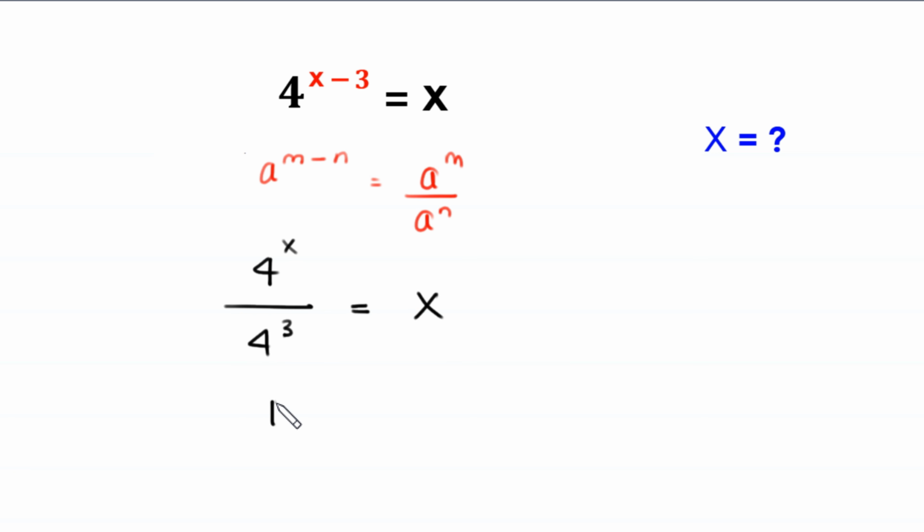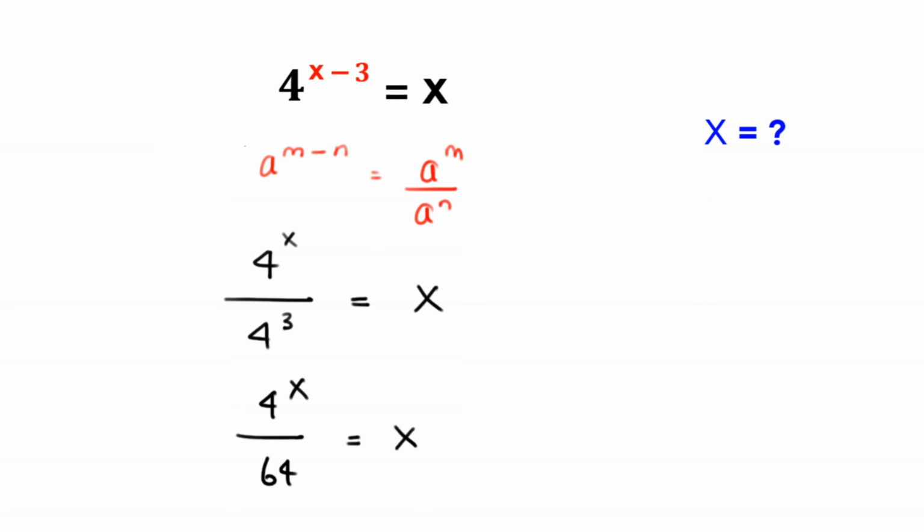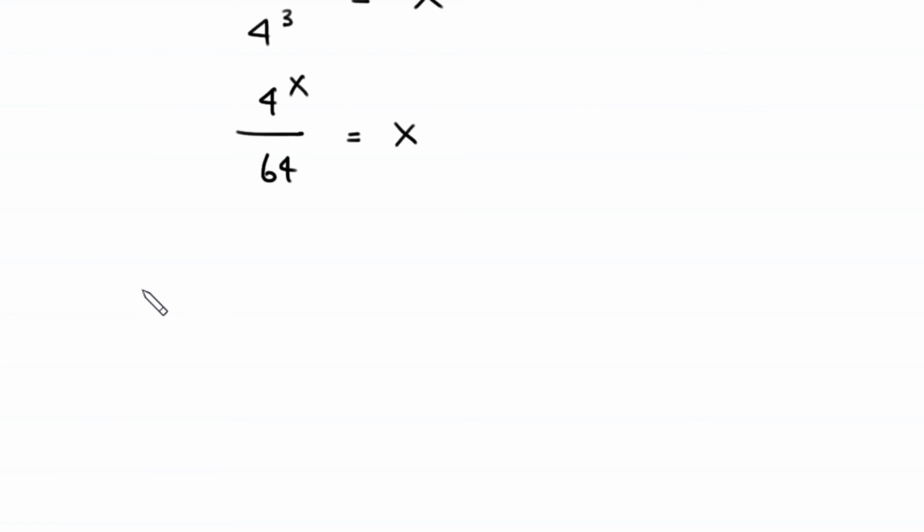Next, 4 to the power x divided by this 4 cubed will become 64 equal to x. Next, this 4 to the power x over 64 can be written as 4 to the power x times 1 over 64 equal to x.